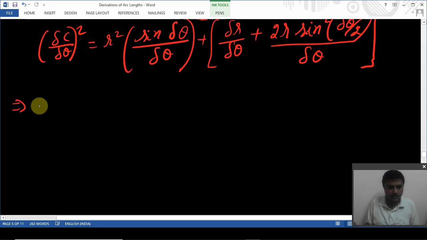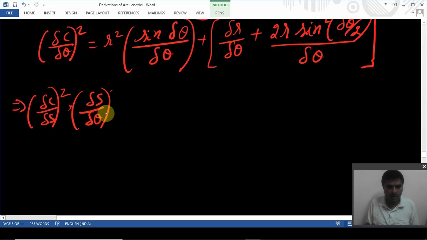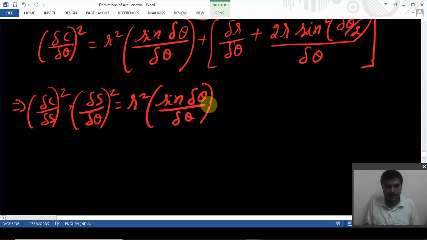So that implies delta c divided by delta s the whole square into delta s divided by delta theta the whole square is equal to r square sine delta theta divided by delta theta the whole square plus delta r divided by delta theta plus.